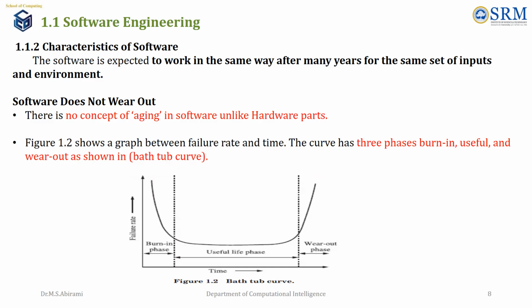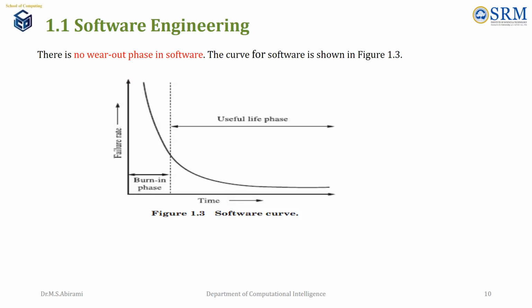Again, the fault rate will increase during the wear-out phase. But in the case of software, there is no wear-out phase, as shown in figure 1.3, and there is a burn-in phase and also a useful life phase for different types of inputs over a long period of time.